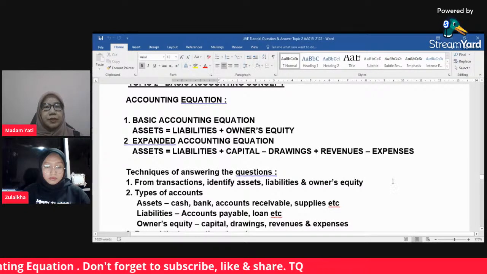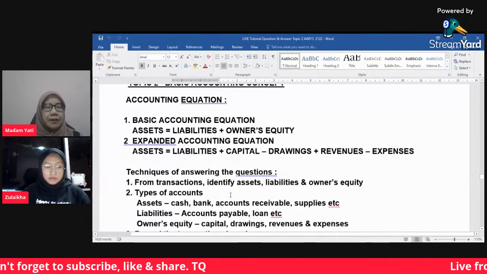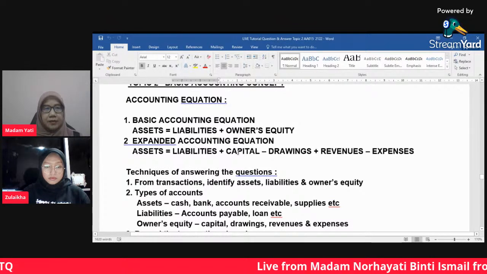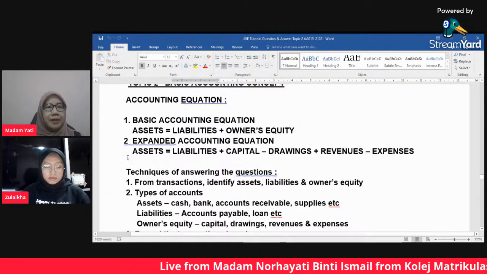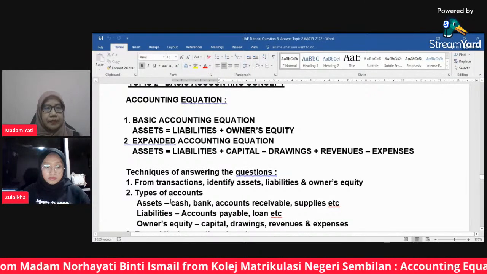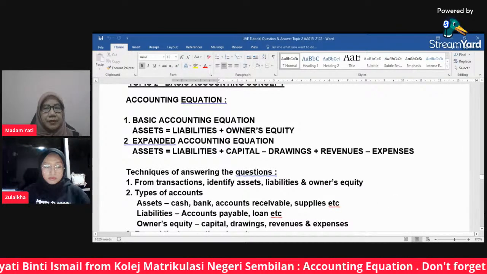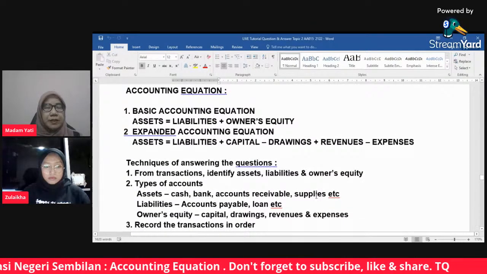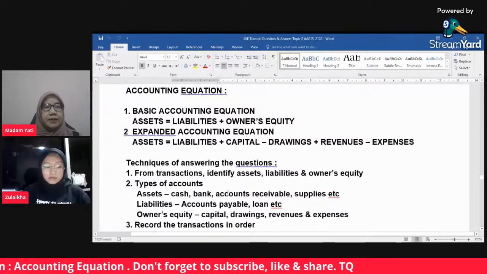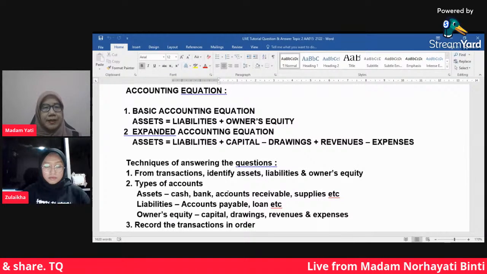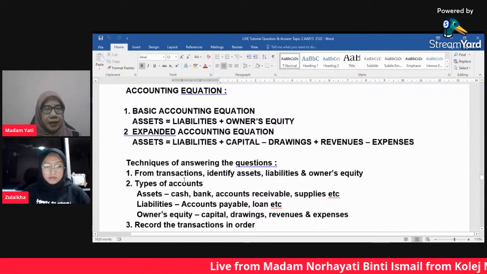Okay. So we look at the second one, types of accounts. When you expand the accounting equation, that means there are many types of accounts under asset. For example, from the transaction, there is cash, account receivable, bank, supplies and so on. So when you read the transaction, you have to prepare the columns that relate to the transaction.